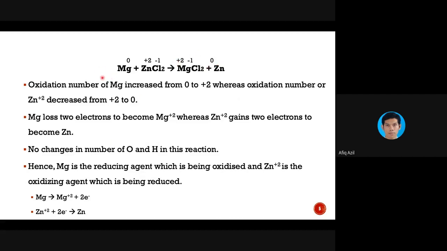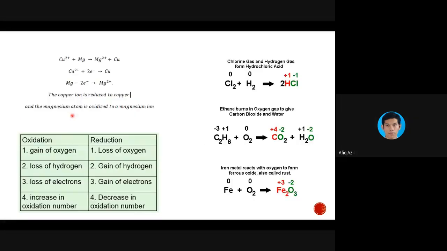So mainly you have to identify the oxidation and reduction reaction based on the oxidation number and also the number of electrons. But for this type of reaction, it is easier to determine using the oxidation number, because if you want to know based on the electron, then you have to go to the half equation.